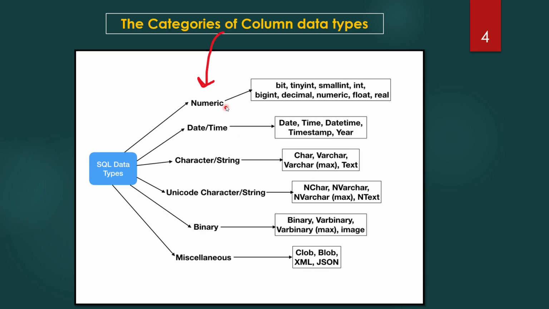So if we pick a numeric type, we then choose which numeric type. If it's a date, we choose which date time type. And if we pick characters or strings, we also want to know which type. These are the categories, and these are the details, the list of numeric types.